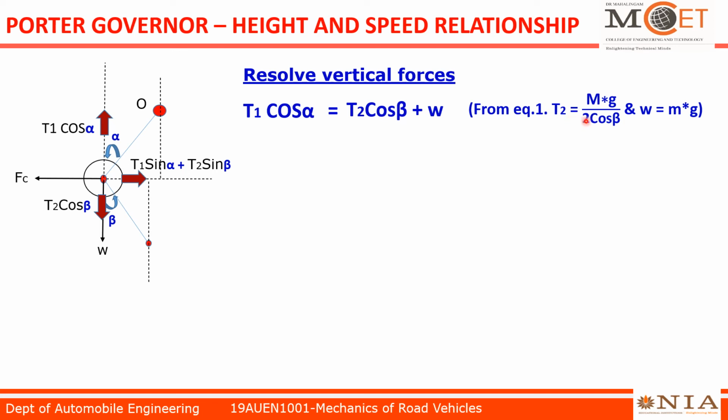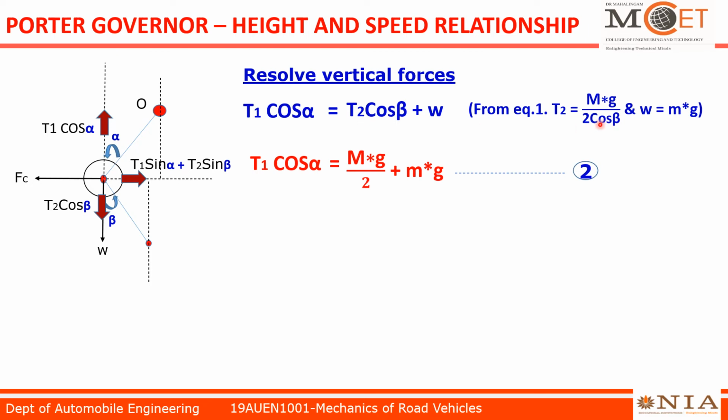If we apply T2 and w values, we get T1 cos alpha equal to mg divided by 2 cos beta times cos beta plus mg.